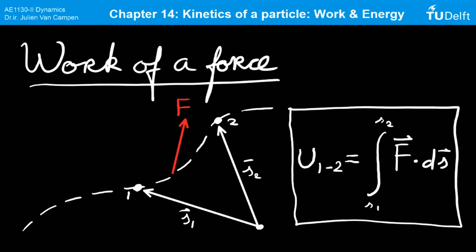Now the equation reads, the work done going from point 1 to point 2 equals force F dot product ds. Notice the dot product. This is used because only the component of the force that is tangent to the path contributes to the work done by the force. Theta is the angle between the force and the path. The component of the force tangent to the path therefore equals F cosine theta.